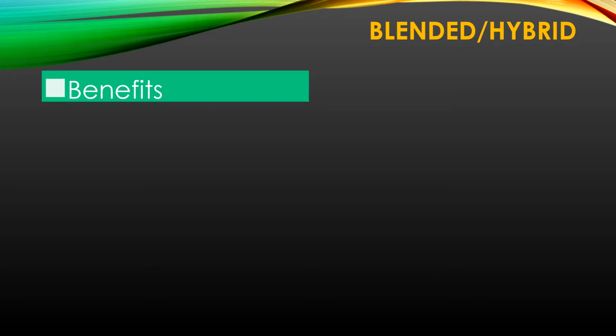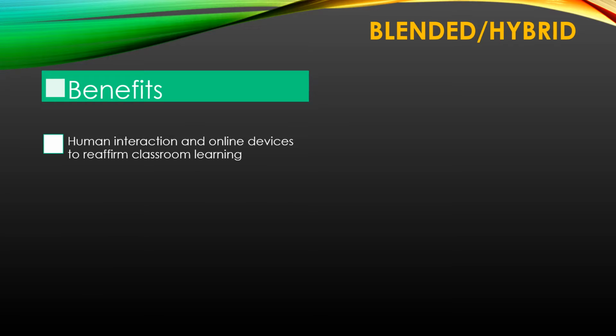Let's explore the benefits and the drawbacks of a blended hybrid model. The benefits of a blended hybrid learning environment mirrors that of a traditional face-to-face and an online model. I would name the three crucial ones as physical human interaction, which allows learners to connect in a social emotional way and allows for character building.